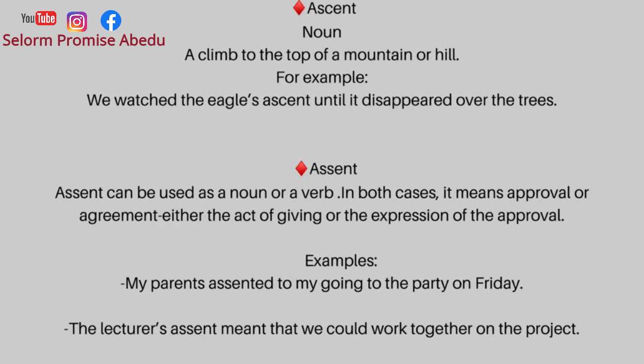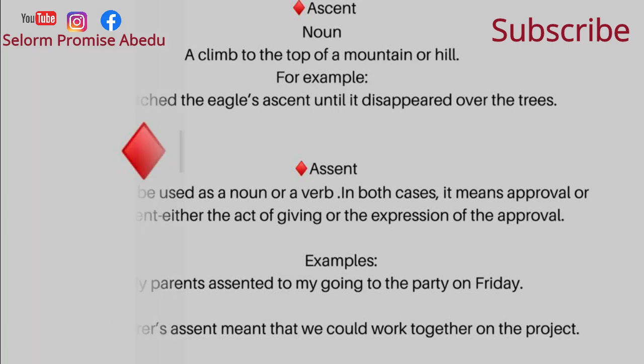In both cases, it means approval or agreement, either the act of giving or the expression of the approval. Example: My parents assented to my going to the party on Friday. The lecturer's assent meant that we could work together on the project.